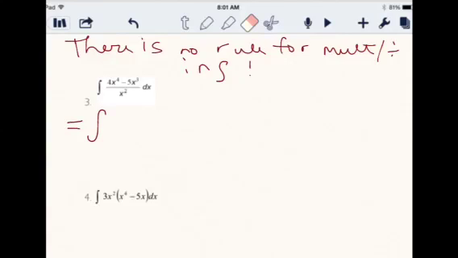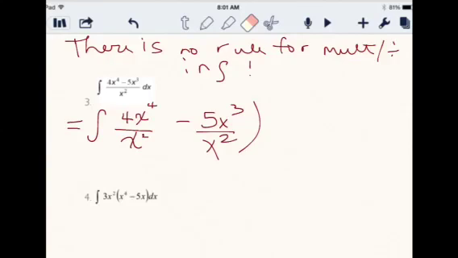We're going to rewrite this. And we've done this before in the very beginning when we began derivatives. I'm going to separate and do some algebra. 4x to the 4th divided by x squared. That's an equal sign, by the way, in case you can't understand it.